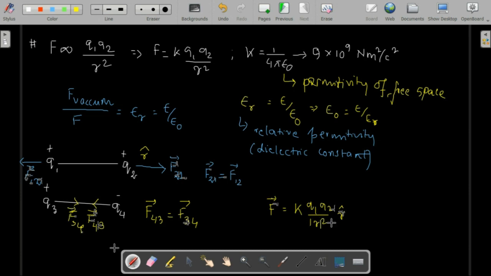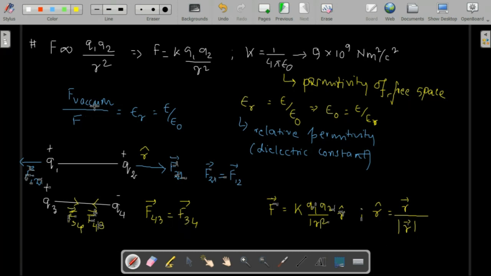This is the way we can write it, where r cap is a unit vector, and we know how to find a unit vector. If we are given a vector representation of anything, we can take the vector itself divided by the magnitude of that vector. So this is my unit vector.